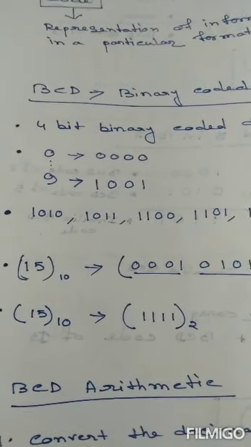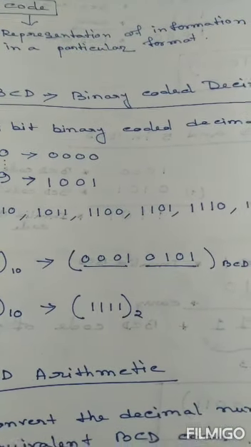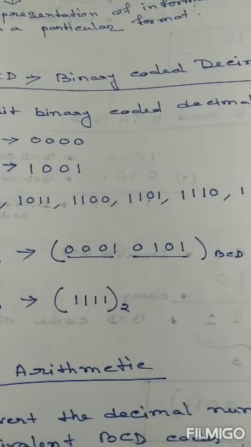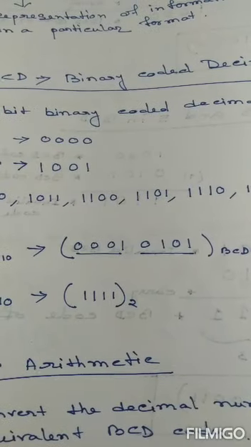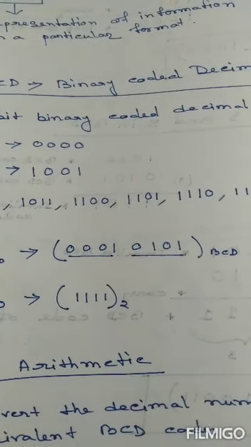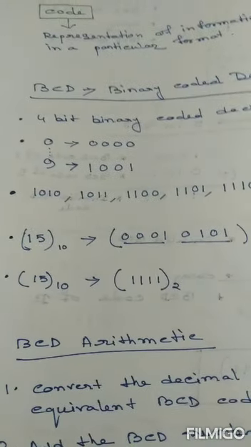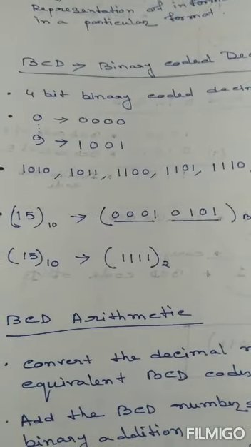But if we represent it in BCD form, we write 0001 0101. So we can say that the BCD code requires more space and time to transmit the information. This is a disadvantage of BCD code representation.